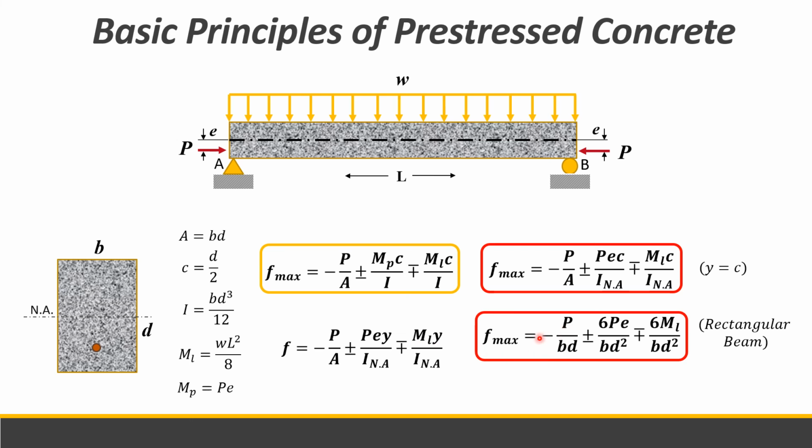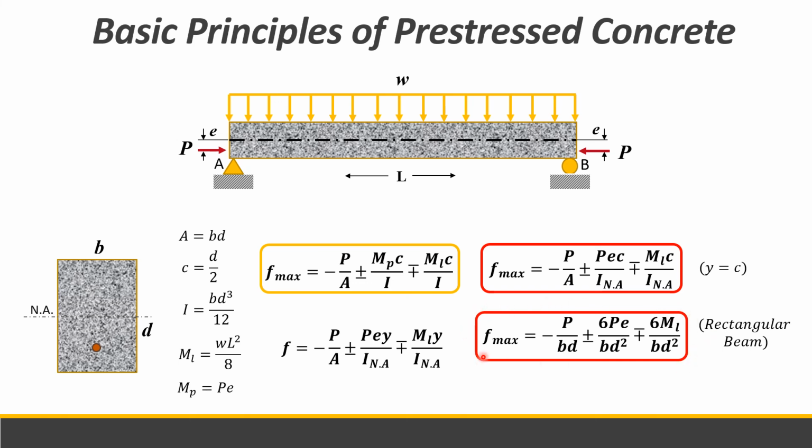So negative P over BD plus minus 6PE over BD squared minus plus 6M due to loading over BD squared. It depends on the loading, no? If it is a distributed load omega, you can substitute omega L squared over 8 here. But in a general sense, it still depends on the loading, so we only put the moment.